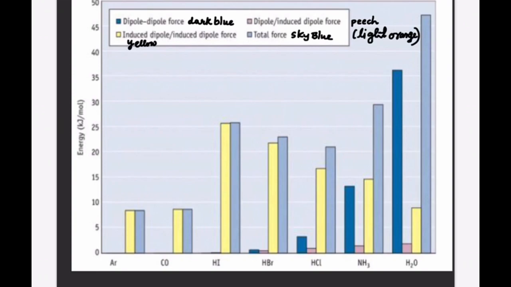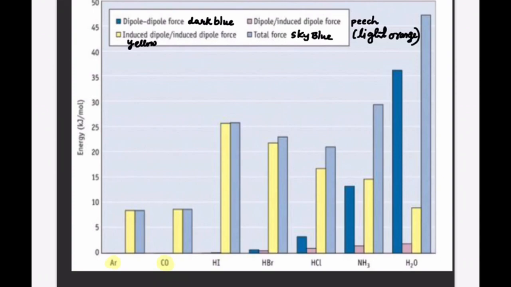So if we discuss here, in the case of argon, only yellow color is there and there are no other interactive forces, only induced dipole interactive forces, because we know that argon is non-polar in nature. Same way, carbon monoxide is polar, but the polarity is very small. So you can see here that because of that polarity there are no net interactive forces. So again it is behaving like a non-polar molecule.